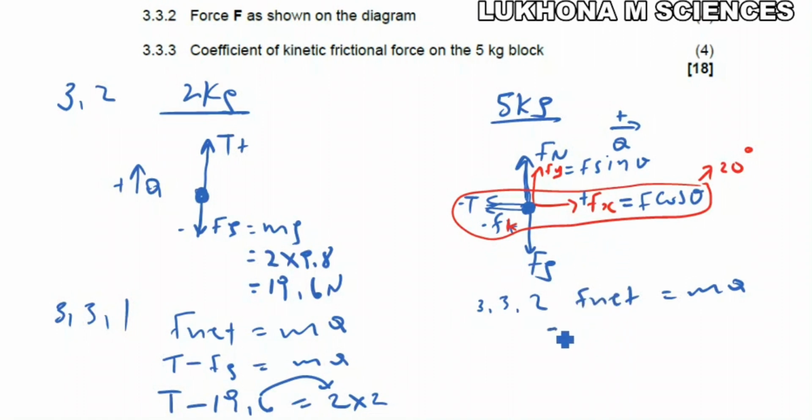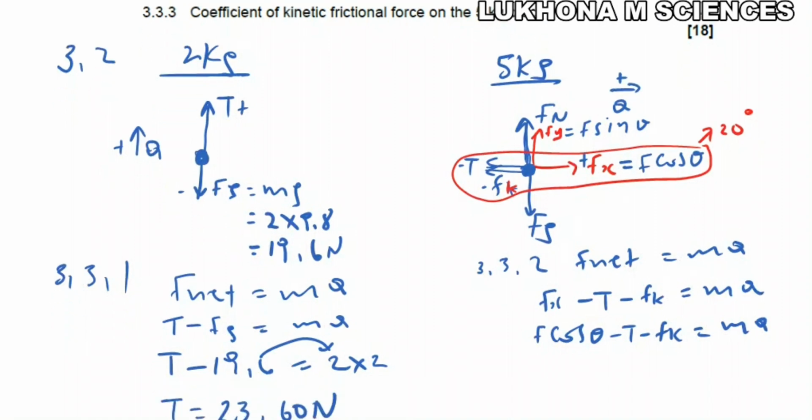So we have Fx, which is positive, minus the tension minus Fk, which is equal to the mass times acceleration. Now this one is F cos theta, minus the tension minus Fk, then you get MA.